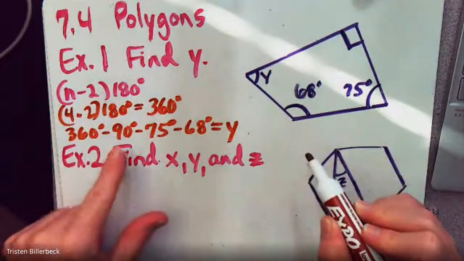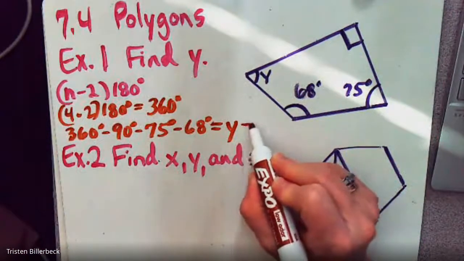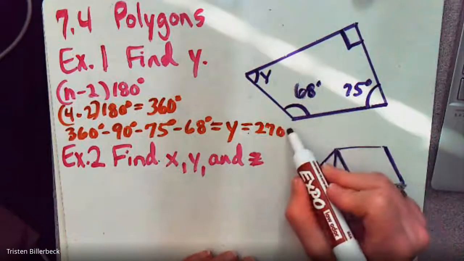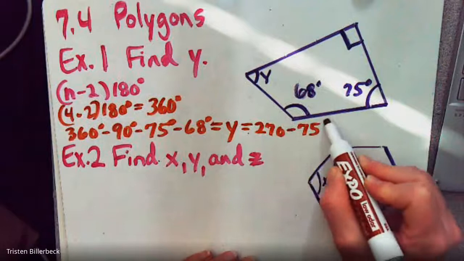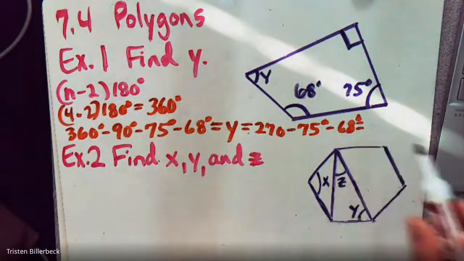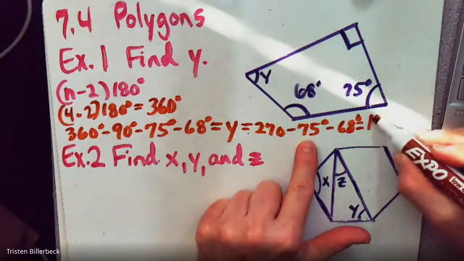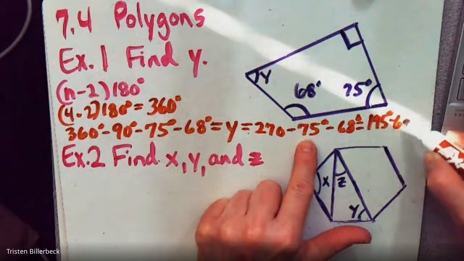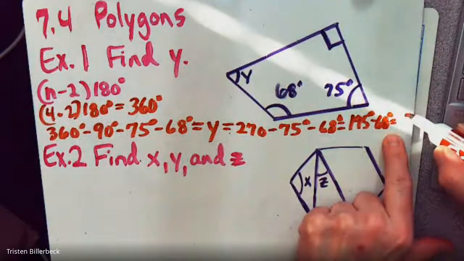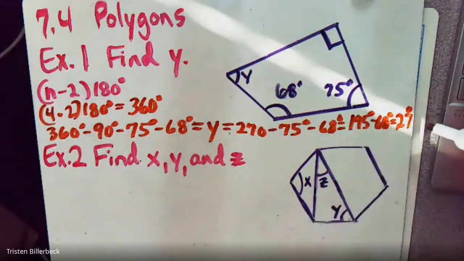So 360 minus 90 gives us 270. And 270 minus, and then we're going to subtract the 75 from that and the 68 degrees. So 270 minus 75 gives us 195 minus 68, and when we subtract that, we get 127 degrees.